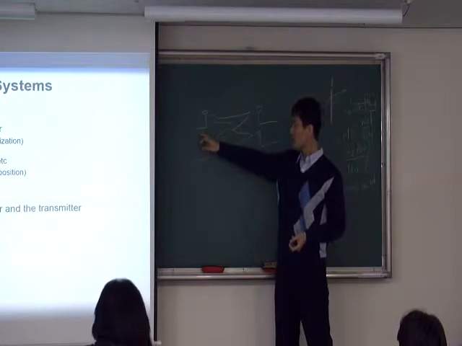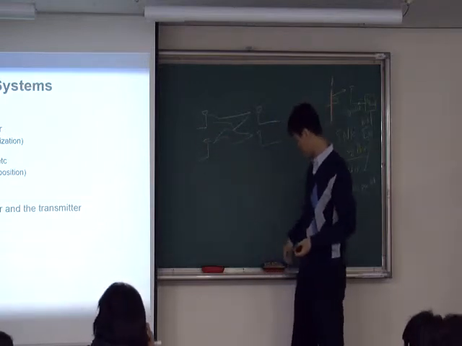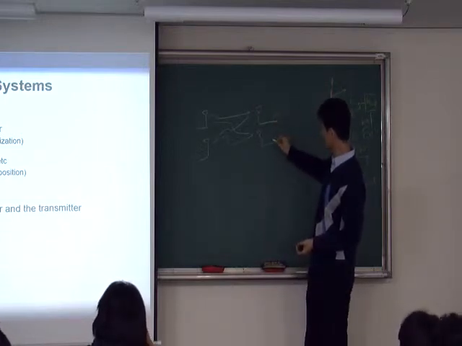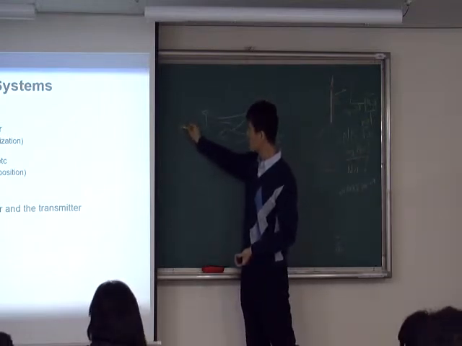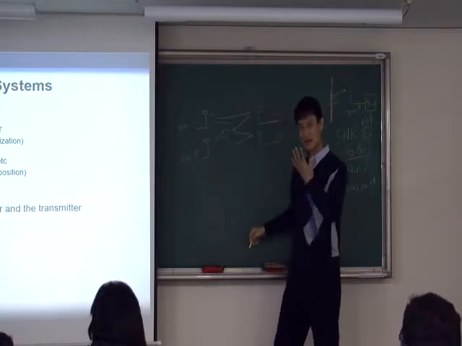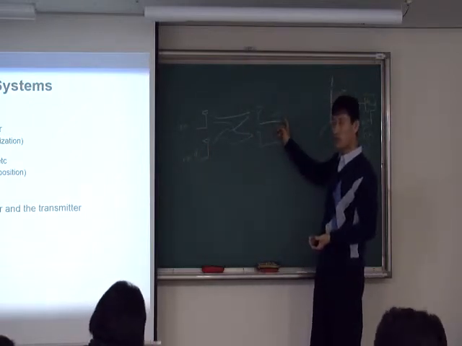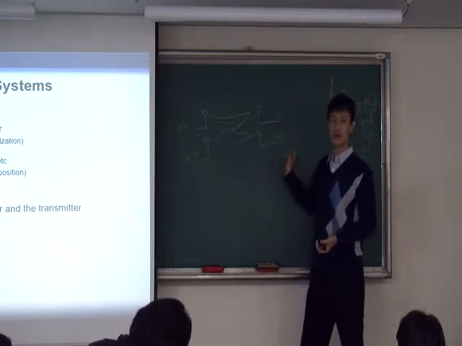Think about humans. This is user 1, this is user 2, user 3, user 4. Just a simple assumption. Let's say user 1 wants to talk to user 3, and user 4 wants to talk to user 2.